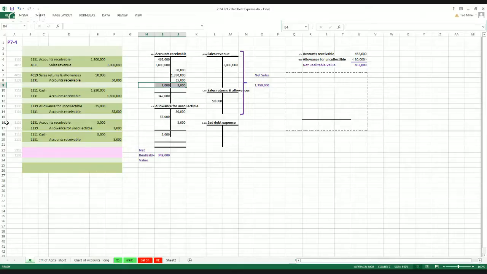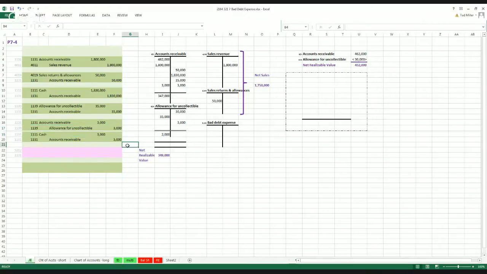But I go ahead and make this entry because it makes sense to me. I undo the writing off of the account, and then I receive cash just like always. You really just have to do the debit cash and credit allowance for uncollectible accounts.